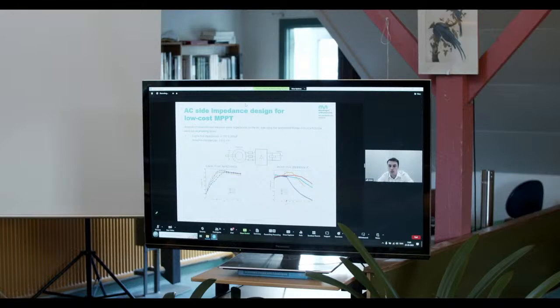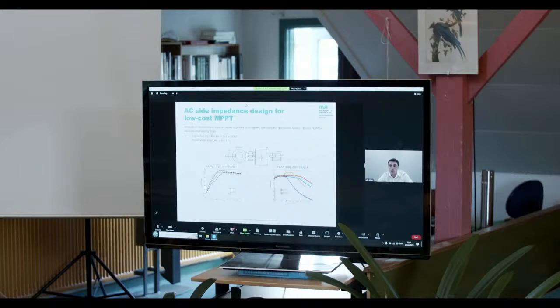On the left side, you can see the capacitance impedance graphic from 1 nanofarad to 200 microfarad, and you can see that they are not good results.